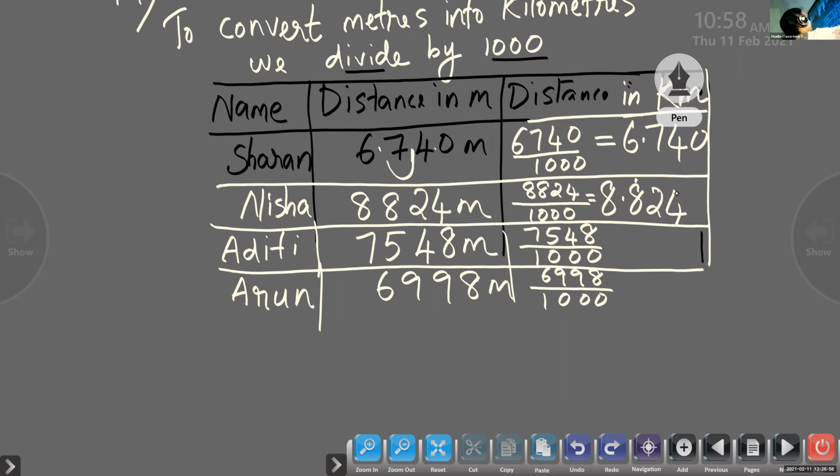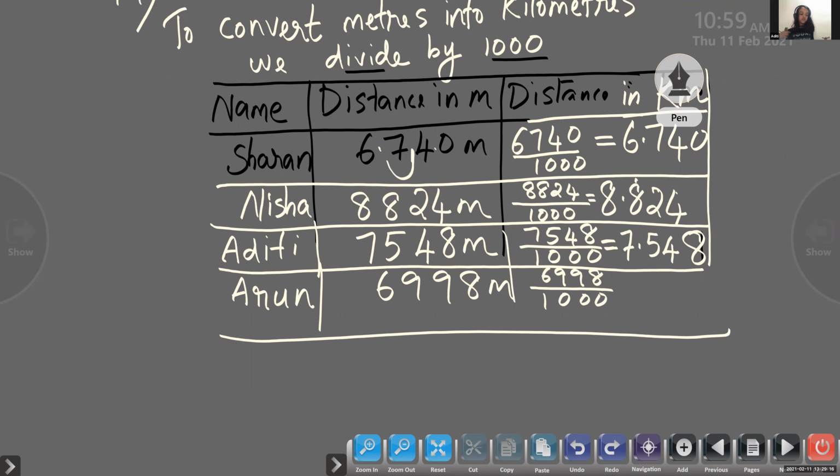Why? Because in the denominator we have 3 zeros. Now for Aditi. 7.548. Okay. Now the last one, for Arun. 6.998.